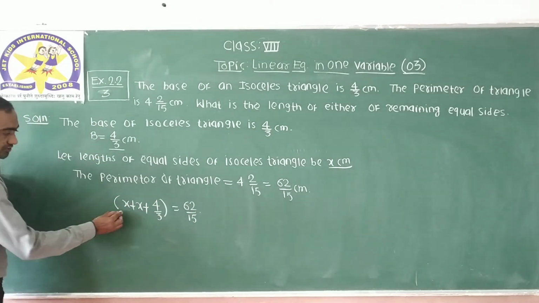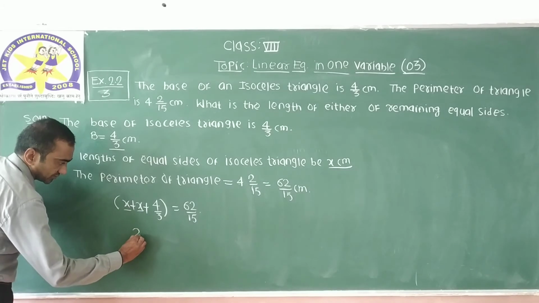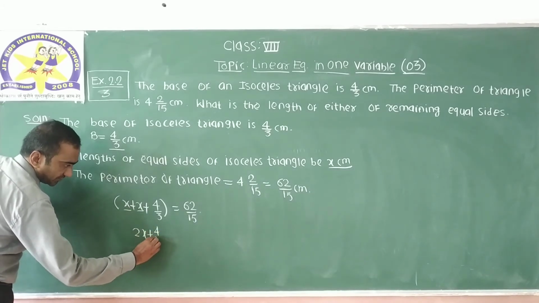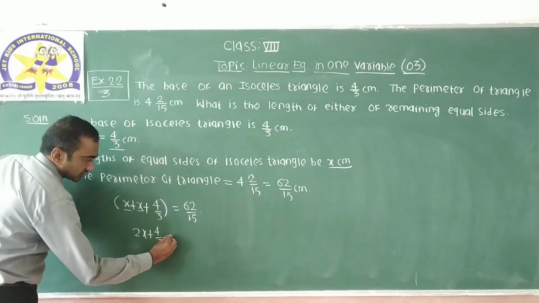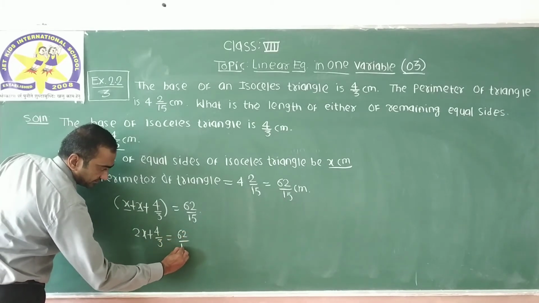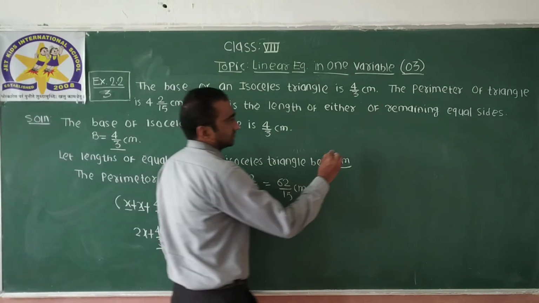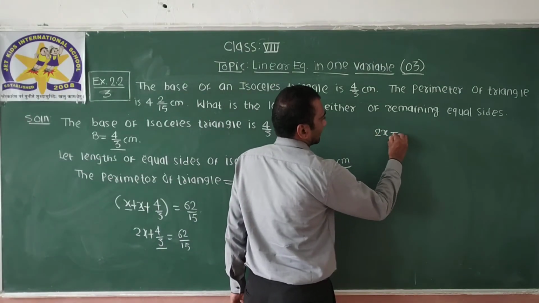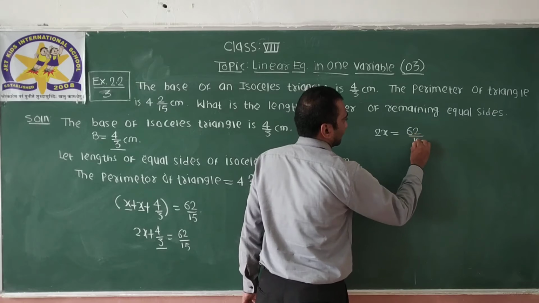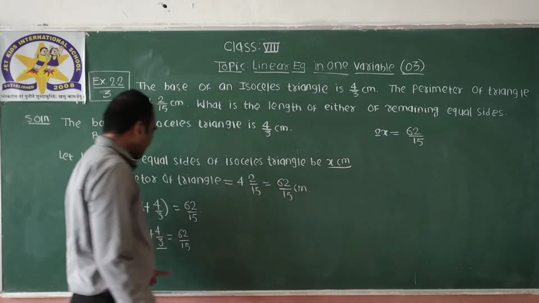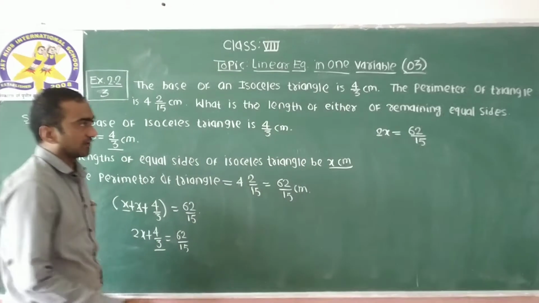Now make calculation. x plus x is 2x plus 4 by 3 equals to 62 by 15. Transfer 4 by 3. 2x equals to 62 by 15. When we transfer 4 by 3 to the right, it will be minus 4 by 3.